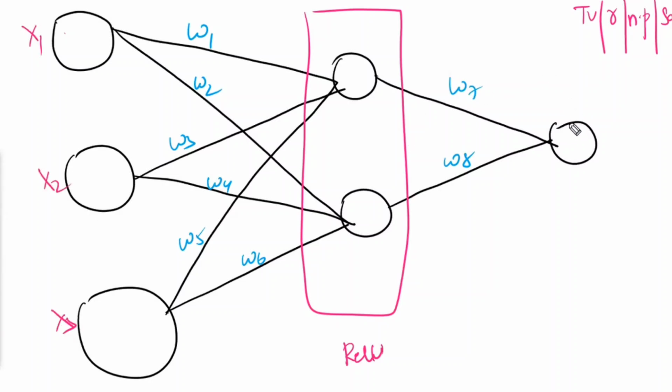Since it is a regression problem, I'm going to assign ReLU here also. If it is a regression problem, automatically assign ReLU. If it is binary classification, go with sigmoid. If it is a multi-class problem, go with softmax. I will show you three examples in the coding: how to select and how to assign, everything we'll discuss.